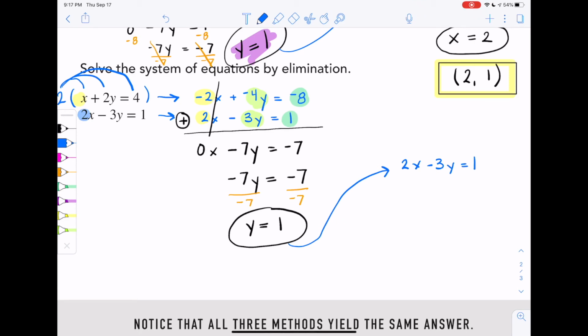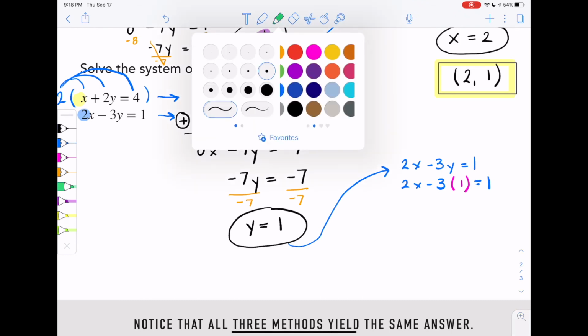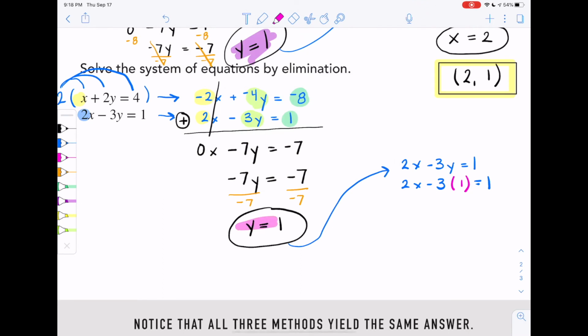When I substitute that in, I have 2x minus 3 times 1 is equal to 1. So at this point, I just replaced y with 1.